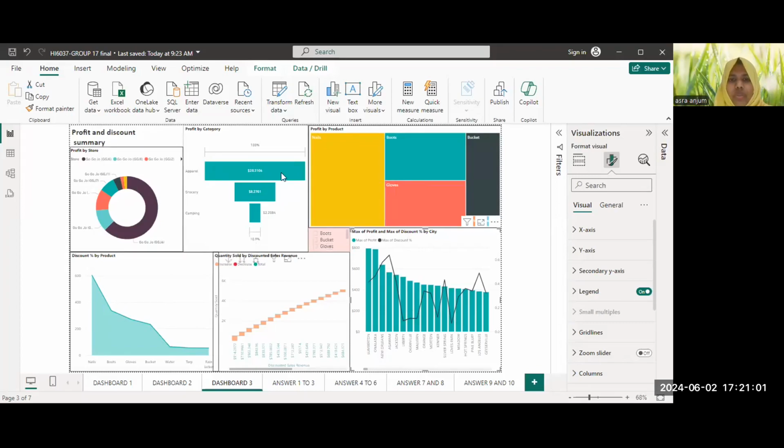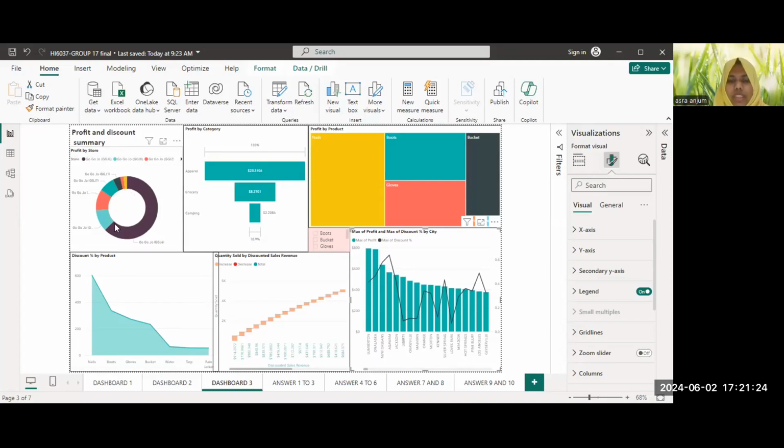As you have already known what Power BI is and what the other things in Power BI are, let's start with the overview of my dashboard. Here we have a comprehensive view of our profit and discount metrics. Starting from the top left, we can see a donut chart that shows the profit by store.